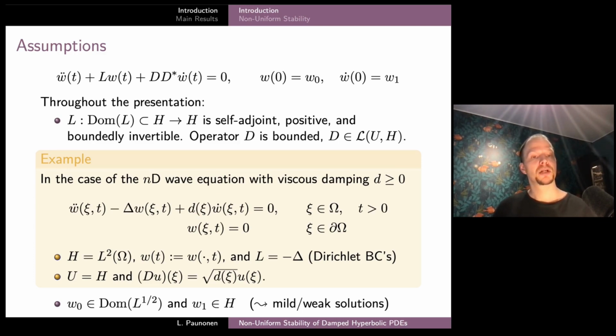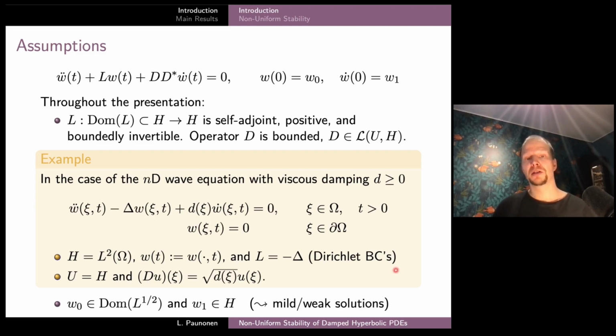And in order to express this PDE in this abstract form, we define H to be the L2 space over the spatial domain where the wave equation is defined, and we define L to be the negative Laplacian.